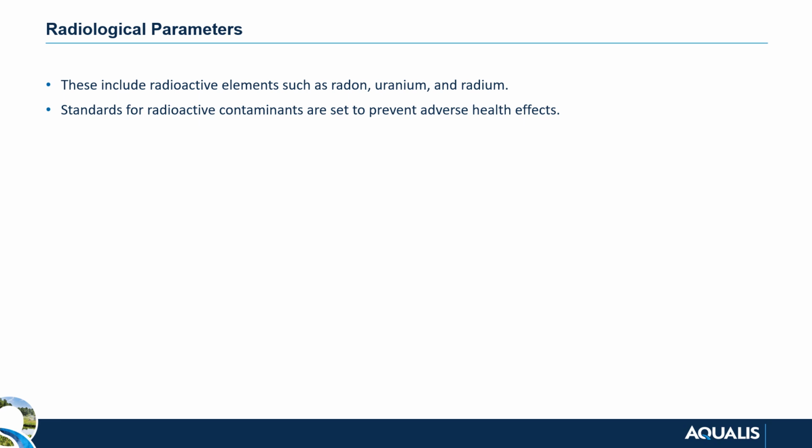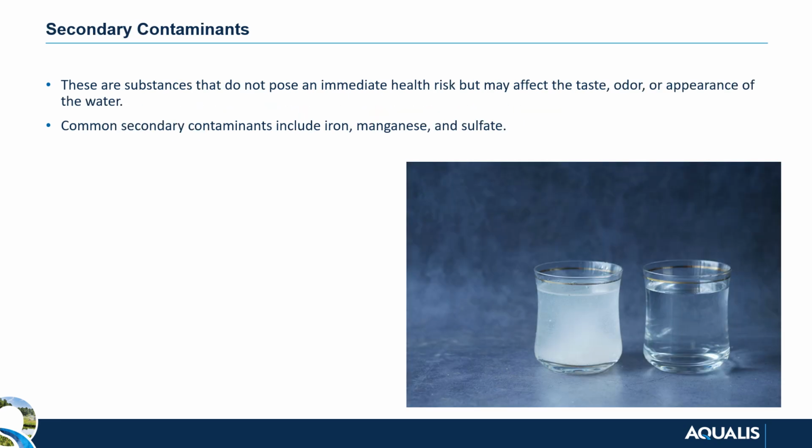Standards for radioactive contaminants are set to prevent adverse health effects. Secondary contaminants are substances that do not pose any immediate health risk but may affect the taste, odor, or appearance of the water. Common secondary contaminants include iron, manganese, and sulfate.